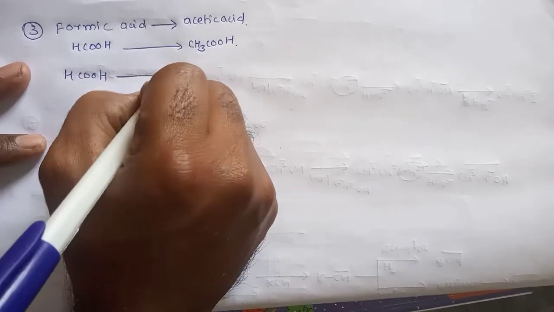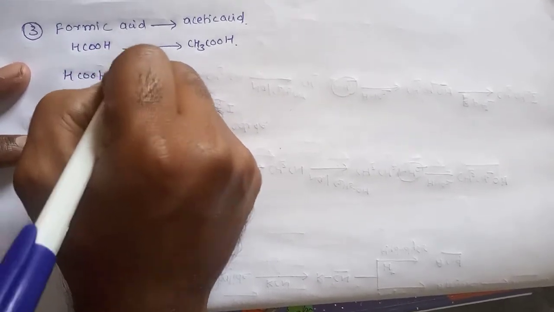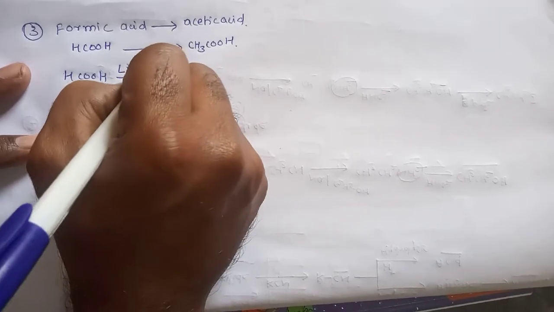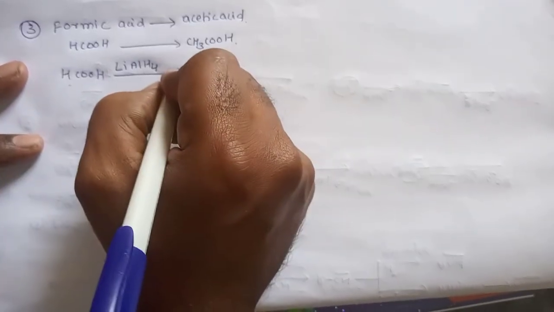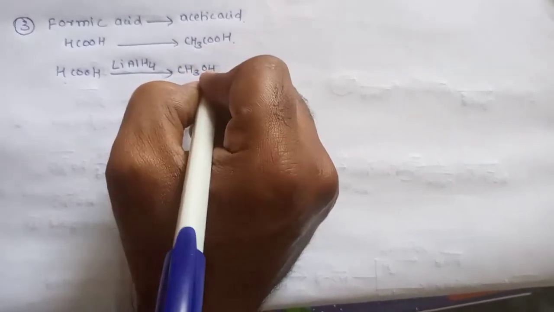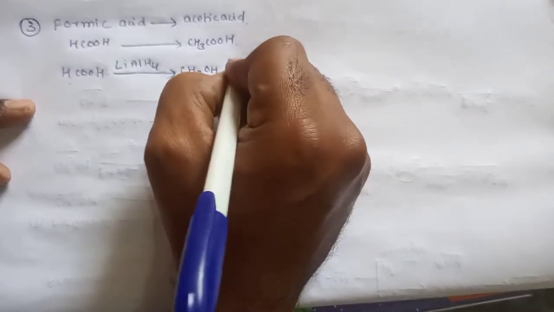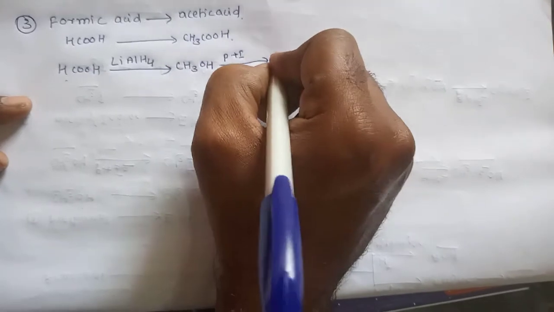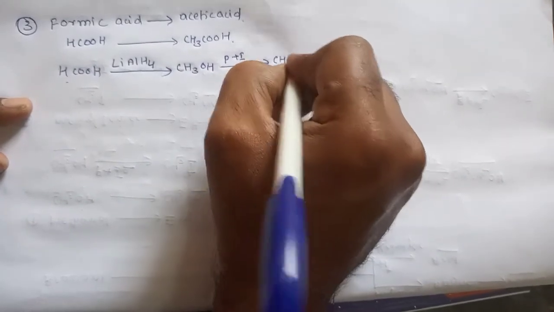By using LiAlH4, lithium aluminum hydride, acid is converted into alcohol. Now this alcohol in the presence of red phosphorus and iodine is converted into alkyl halide CH3I.